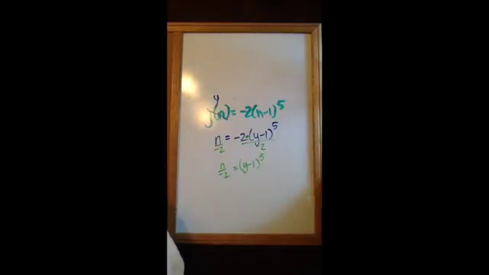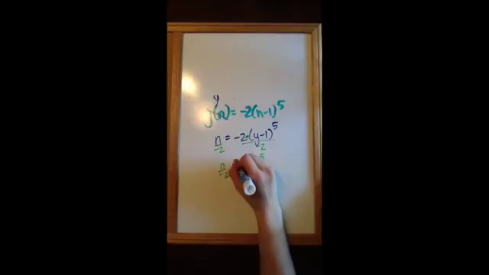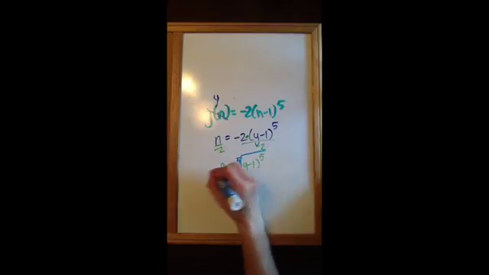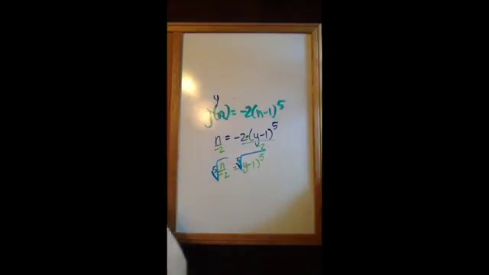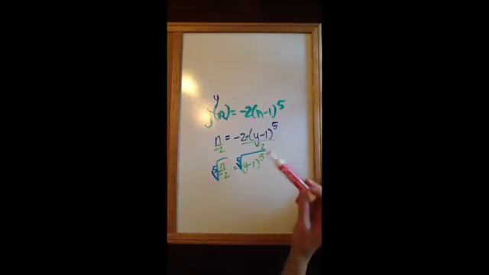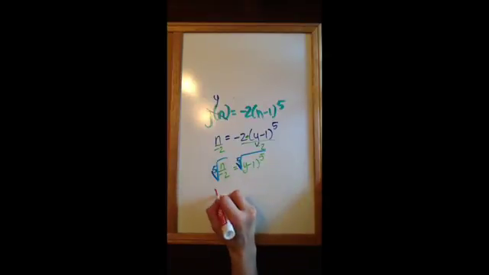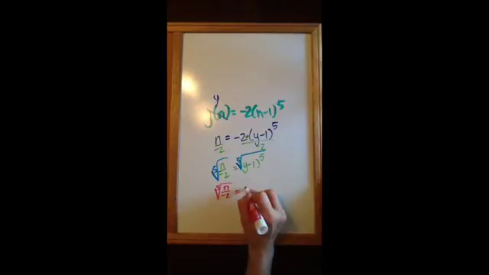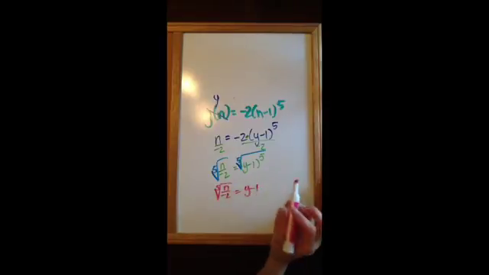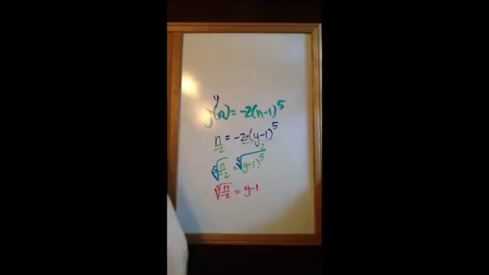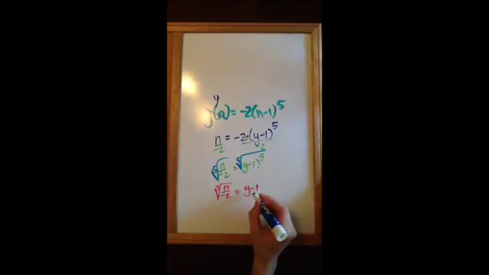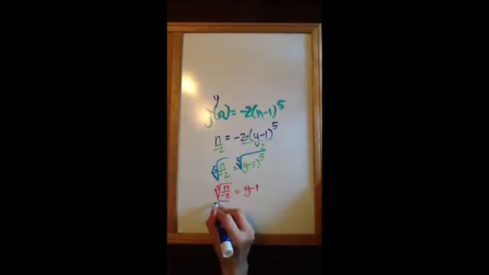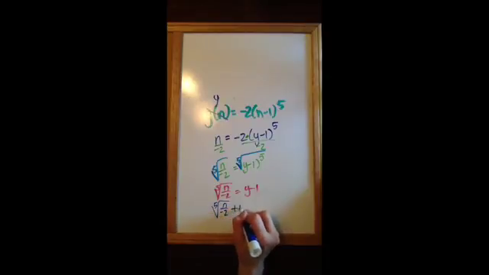So I'm going to take the fifth root now, which means my index and my root will be 5. So now the fifth power and the fifth root undo each other, so I have the fifth root of n over negative 2 equals y minus 1. So I'm going to add 1 to the other side. So I have the fifth root of n over negative 2, plus 1, equals y.